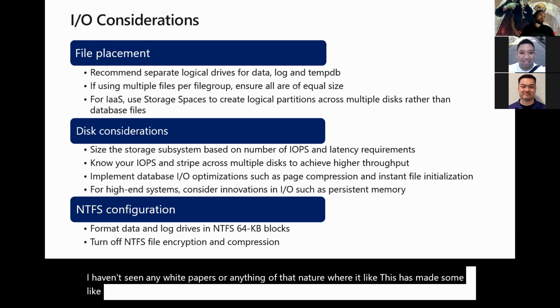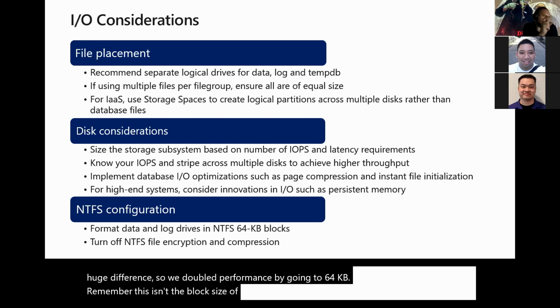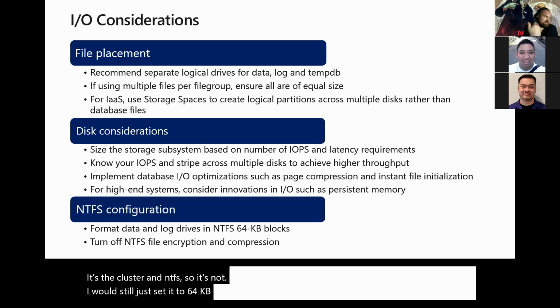Oh, we doubled performance by going to 64 kilobytes. Remember, this isn't the block size of your I/O. It's the cluster in NTFS. So yeah, I would still just set it to 64 kilobytes, but do not expect that to be the silver bullet.